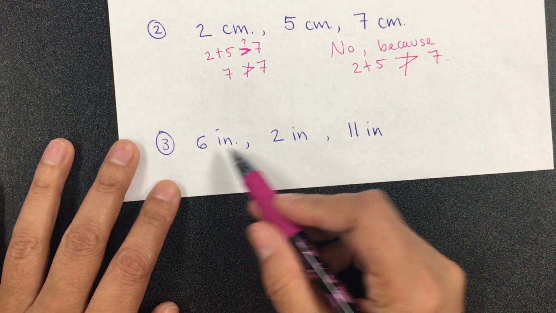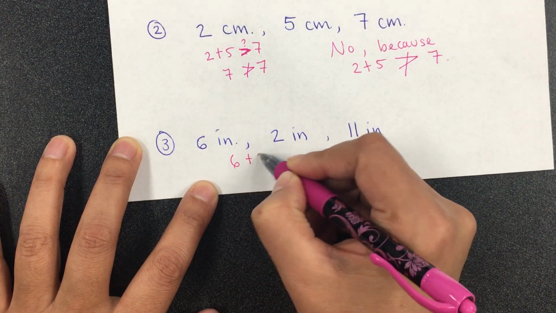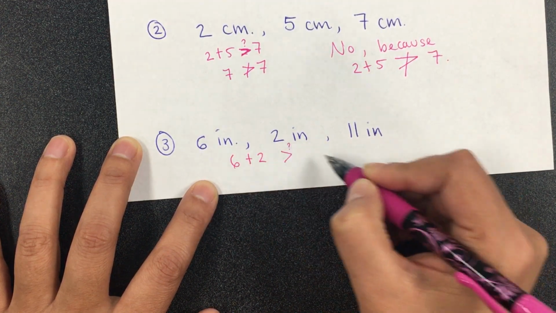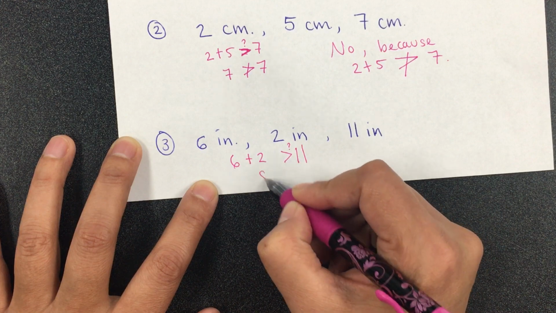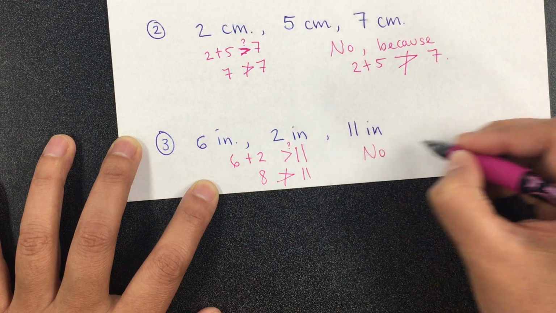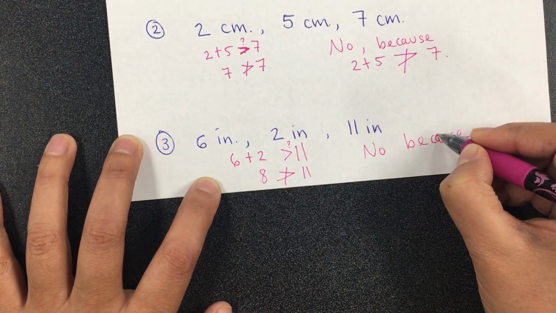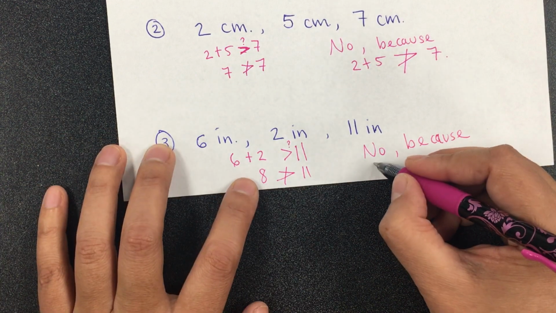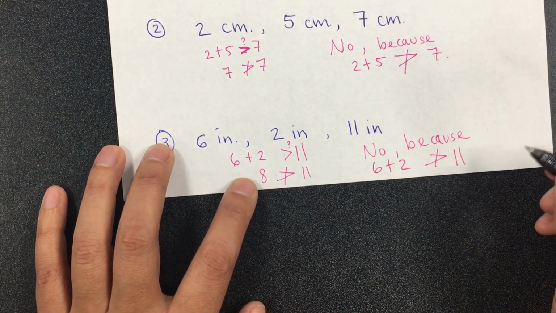The next one is 6 plus 2. Is it greater than 11? No, because 6 plus 2 is 8, which is not greater than 11. So we say no, because 6 plus 2 is not greater than 11.